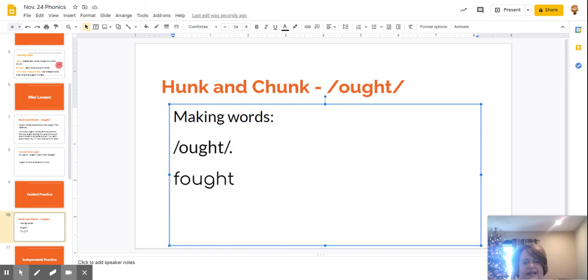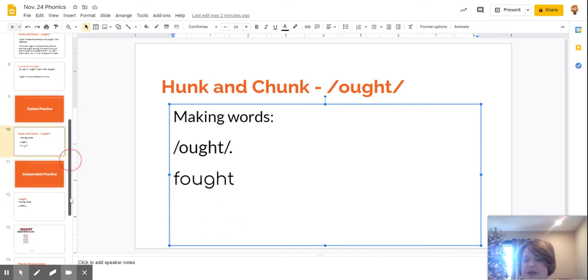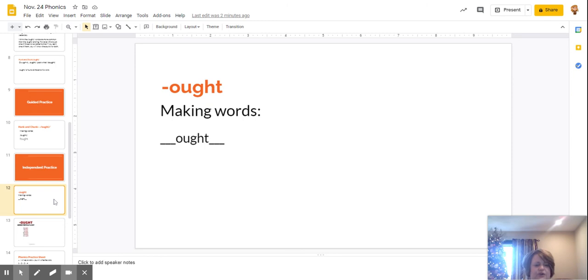And then again, leave your O-U-G-H-T and let's put a B-R at the front. And this is brought. I brought my lunch today. So notice how O-U-G-H-T, all of those letters just say the ought, O-T sound, ought. Same for A-U-G-H-T. Okay. So today with your teacher, you're going to try to come up with some more words independently, creating a chart on the board of words that you can think of that have O-U-G-H-T.